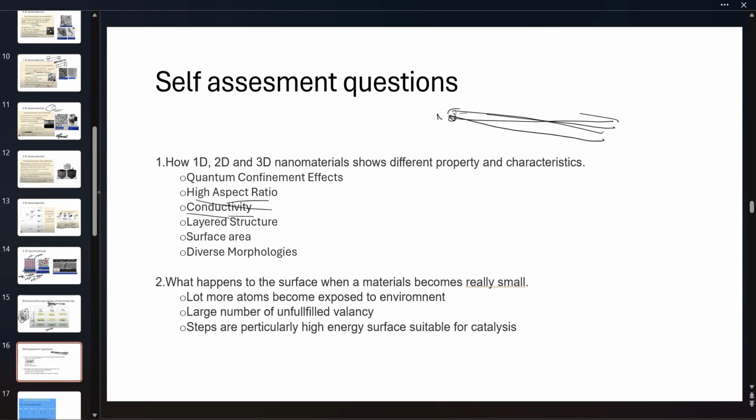Conductivity: some materials are really conductive, for example graphite. Graphite is an example of a 3D nanomaterial. However, when we go down to 2D, you get graphene. You see, graphene is much more conductive compared to graphite.